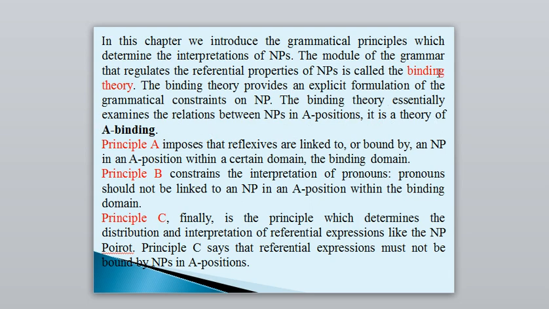So what is the binding theory? It consists of three principles. First, principle A. Principle A imposes that reflexives like himself, for example, are linked to or bound by an NP in an A position within a certain domain, the binding domain.